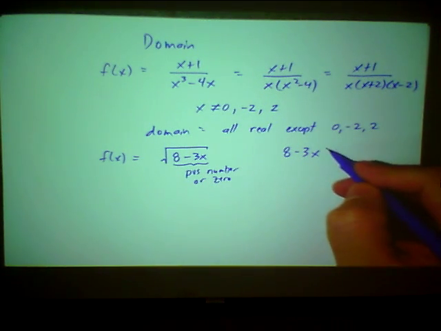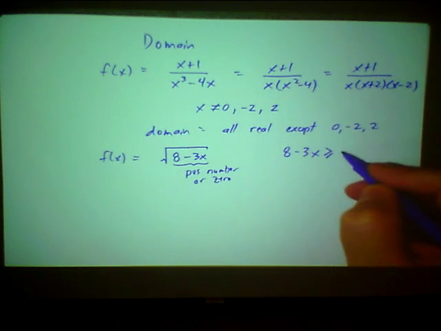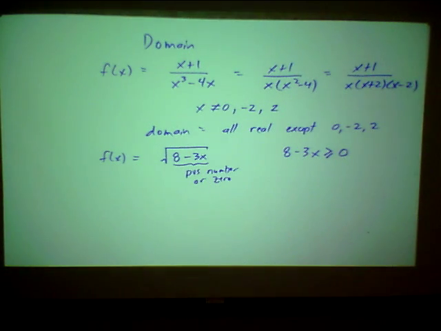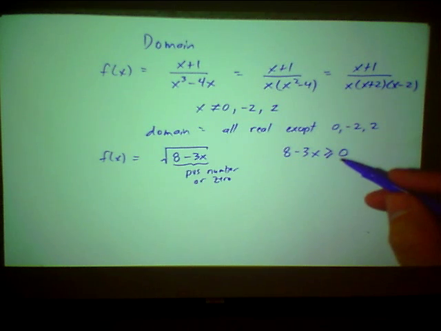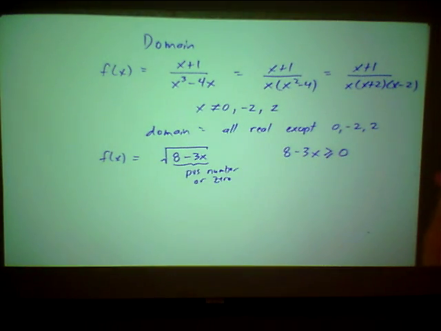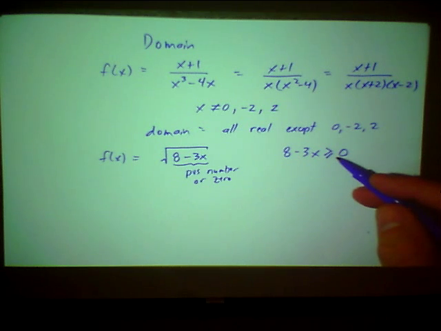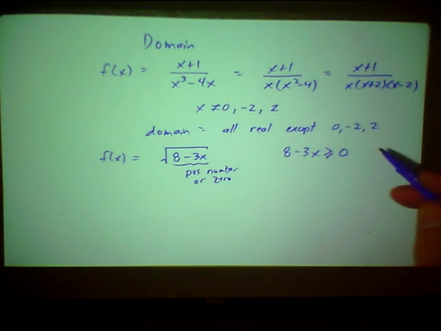This thing has to be greater than or equal to 0. What am I doing here? This is a way of saying the expression under the square root has to be a positive number or 0. And I'm going to now solve for this x, and that tells me what x has to be for this square root to be okay.